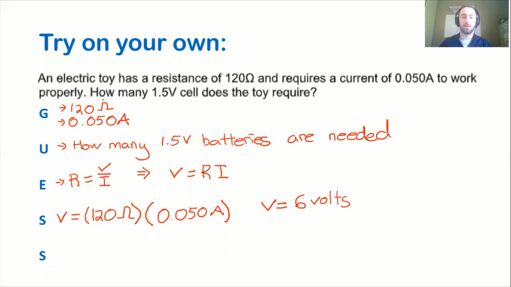Our final answer, well, our question is asking how many 1.5 volt cells does the toy require? So if we need 6 volts and we're given 1.5 volt batteries, it's simply 6 divided by 1.5, giving us an answer of 4 batteries.